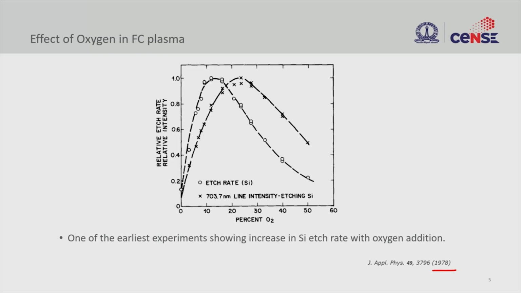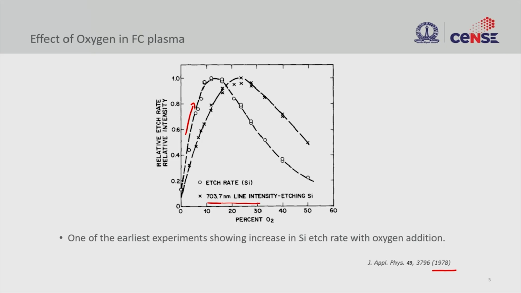As you can see here, the etch rate increases, and this one is actually the emission spectra, the line intensity. This is the plasma diagnostics. We discussed excitation. In this case, this particular emission is coming from silicon etch, so when you look at this emission from the plasma, we would know that silicon is being etched.